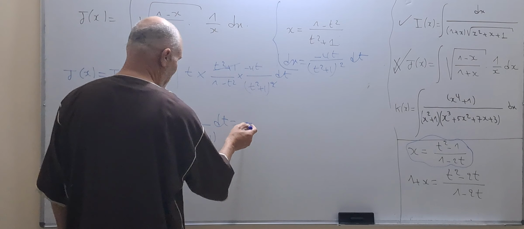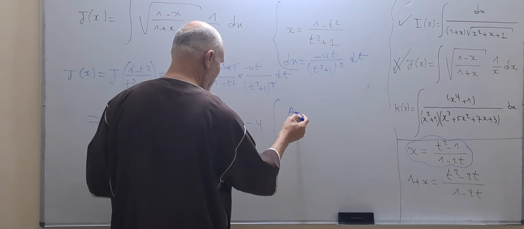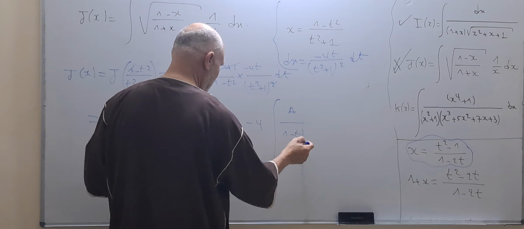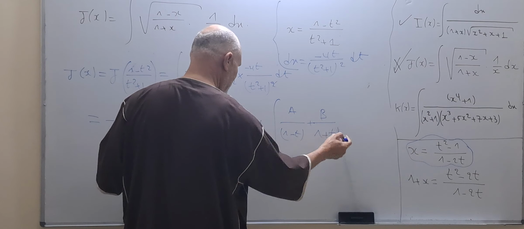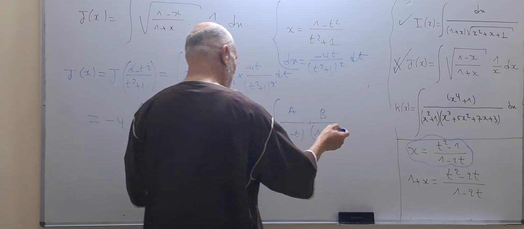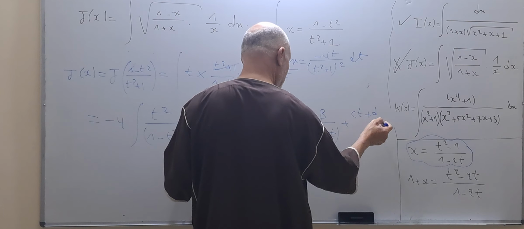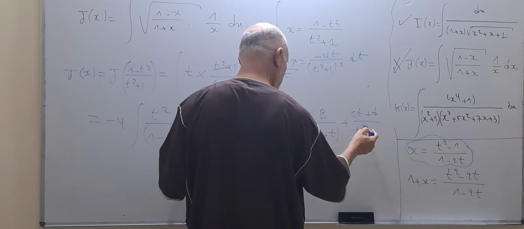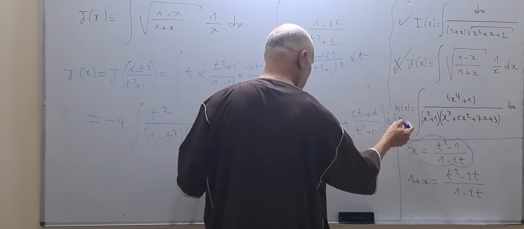And this is equal to minus 4 times the integral of a over (1 minus t) plus b over (1 plus t) plus (ct plus d) over (t squared plus 1), all this dt.